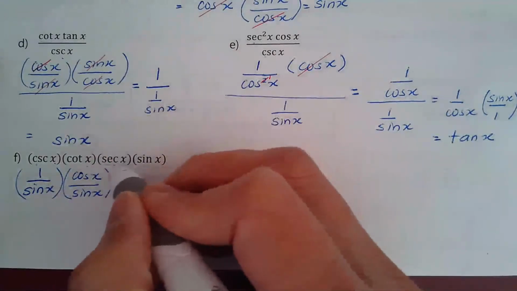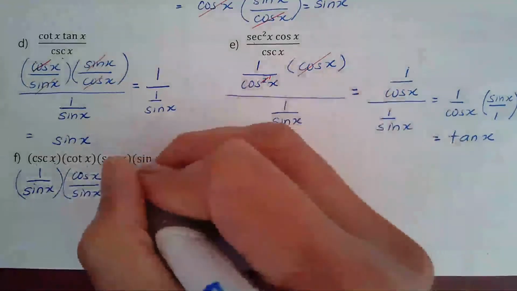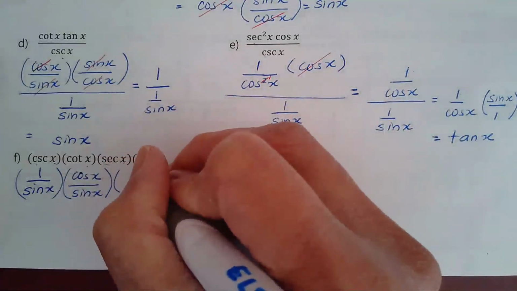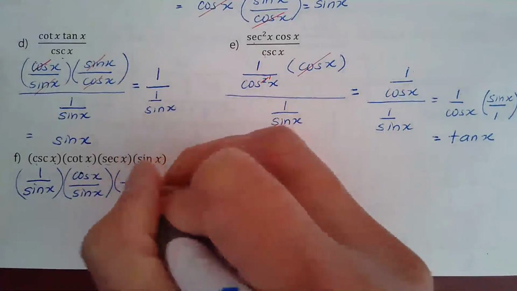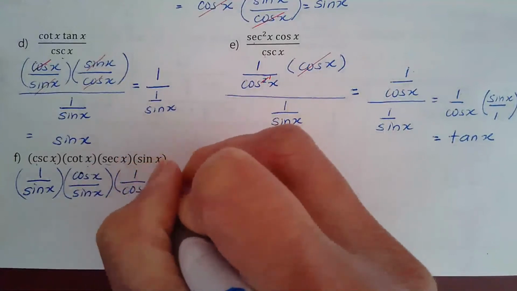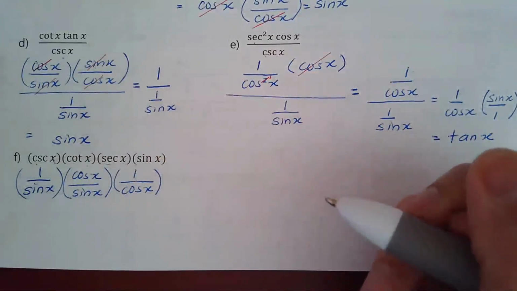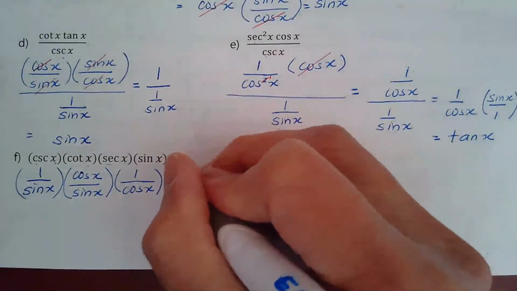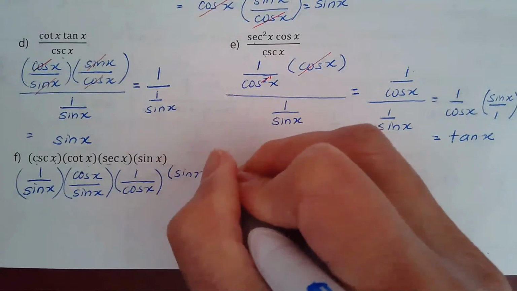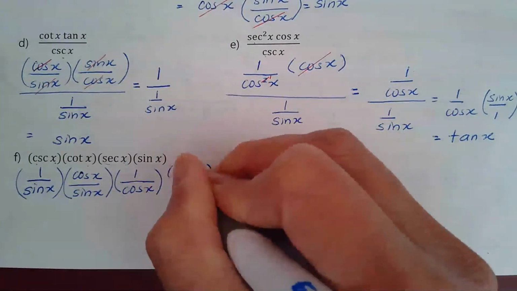Well, how can I write secant of x? Another way of writing secant of x is the reciprocal of cosine, so 1 over cos of x. And then lastly, times sine of x over 1.